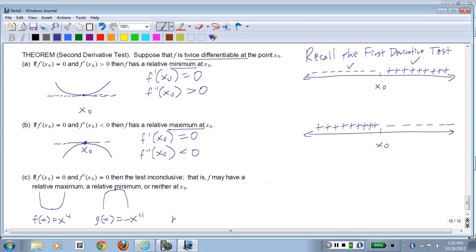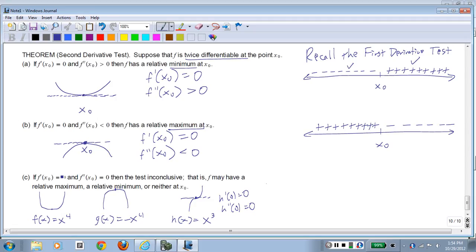And then h of x equals x cubed. There we go. H prime of 0 equals 0, horizontal tangent line. H double prime of 0 is also 0. It's 3x squared, 6x, so it is also 0, but it does not have a relative maximum or a relative minimum.